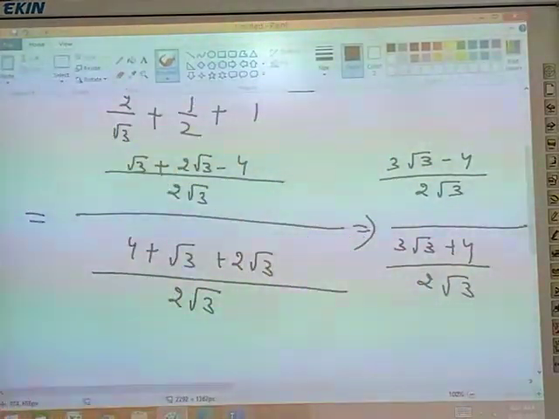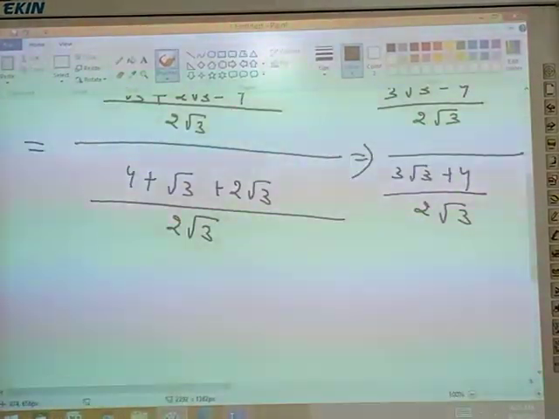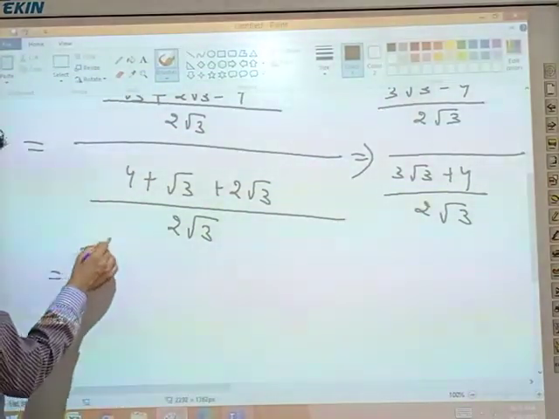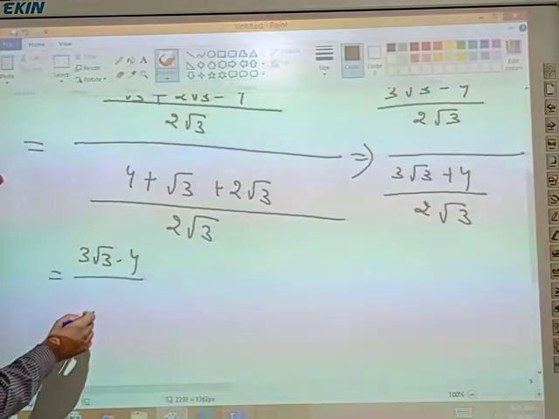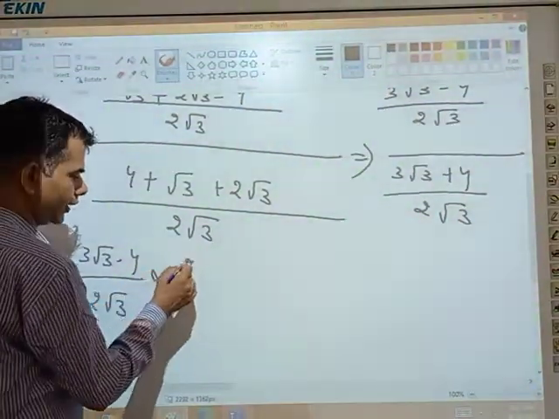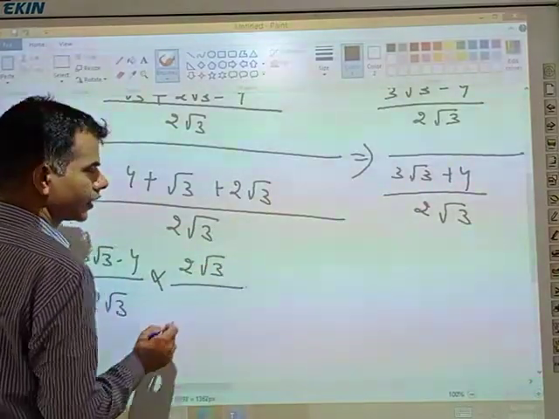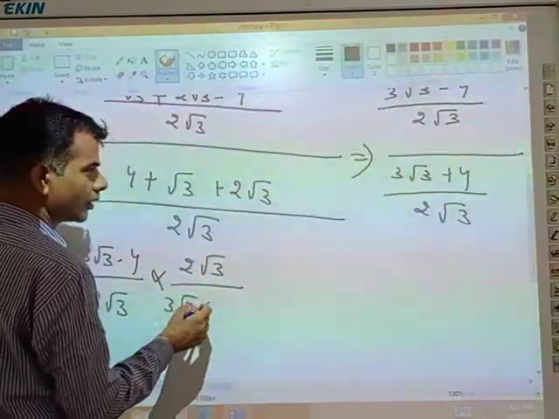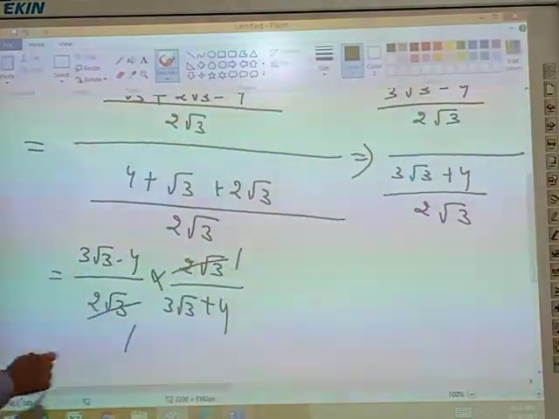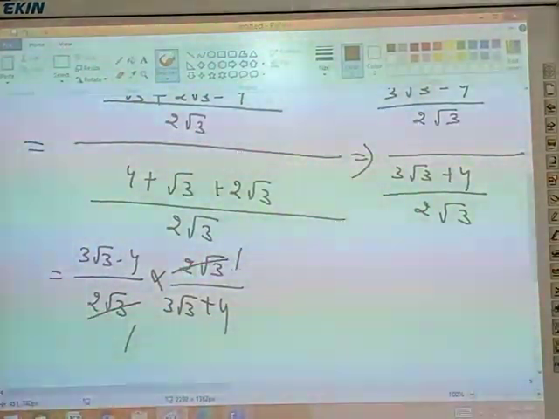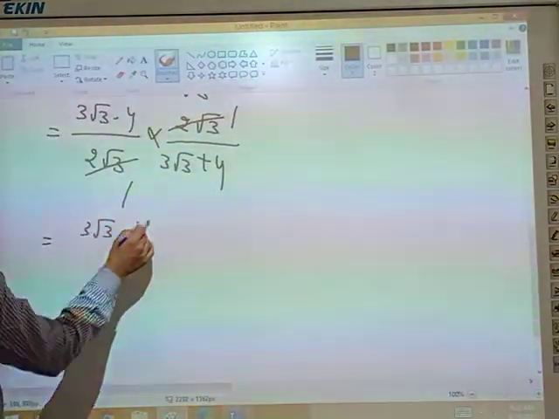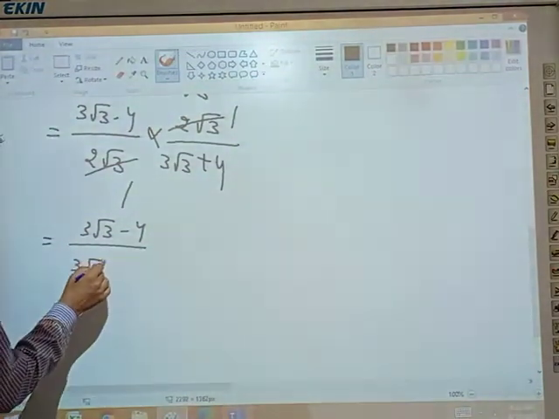Now 3 root 3 minus 4, upon 3 root 3 plus 4. The 2 root 3 cancels out. Now it becomes 3 root 3 minus 4 and 3 root 3 plus 4.